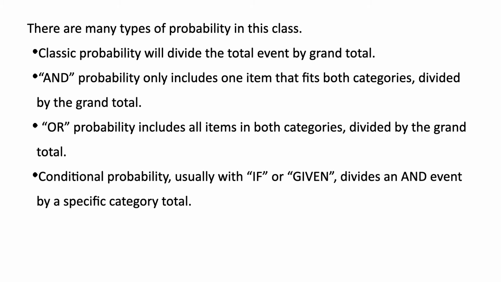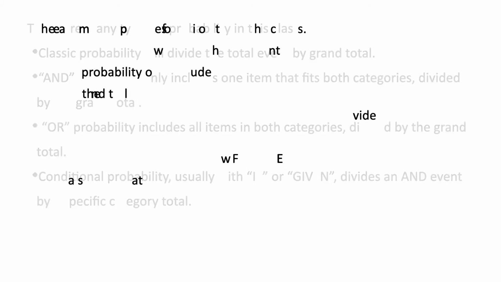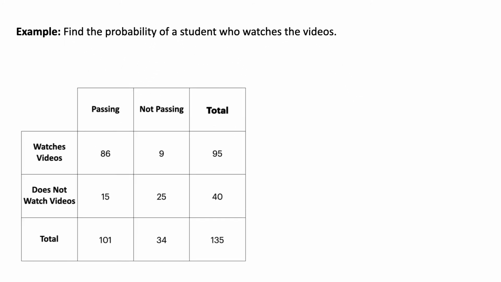For conditional probability, we will use if or given, and that will divide the event and change the outcomes. Let's look at the examples. Here we have a chart of students that are passing the class, not passing the class, those that watch the videos, and those that don't.